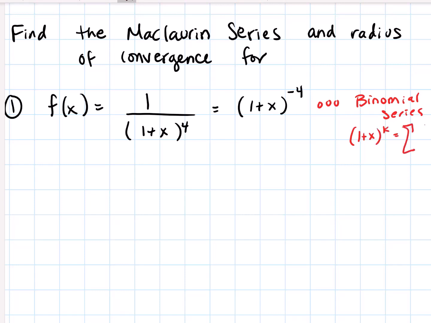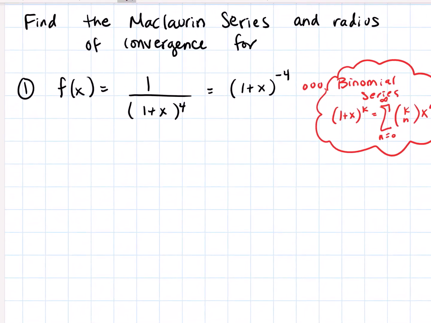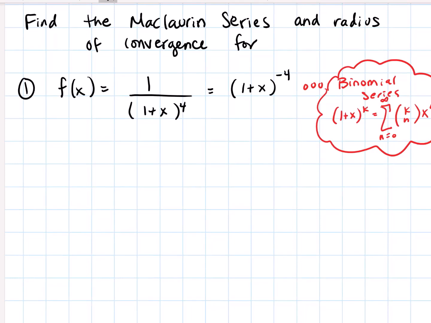Okay, we know we just derived that binomial series, so now let's utilize it to write another function. This time we have 1 plus x, so there's no manipulation that needs to be done here. The k value is negative 4, so that means that 1 plus x to the negative 4th is going to be equal to the power series from n equals 0 to infinity of negative 4 choose n times x to the nth.